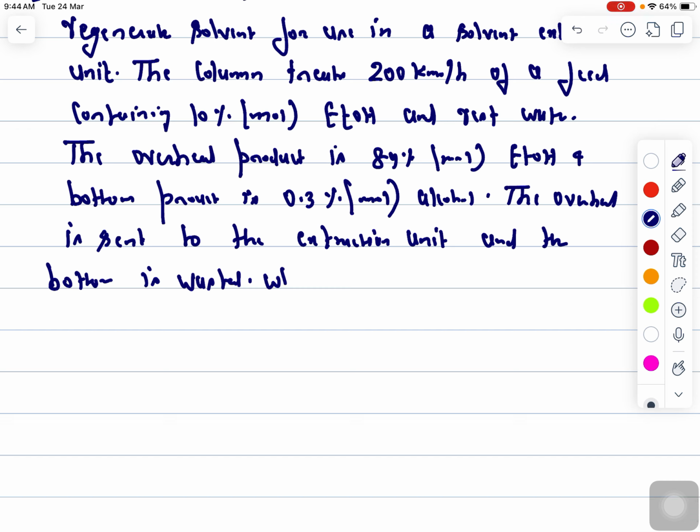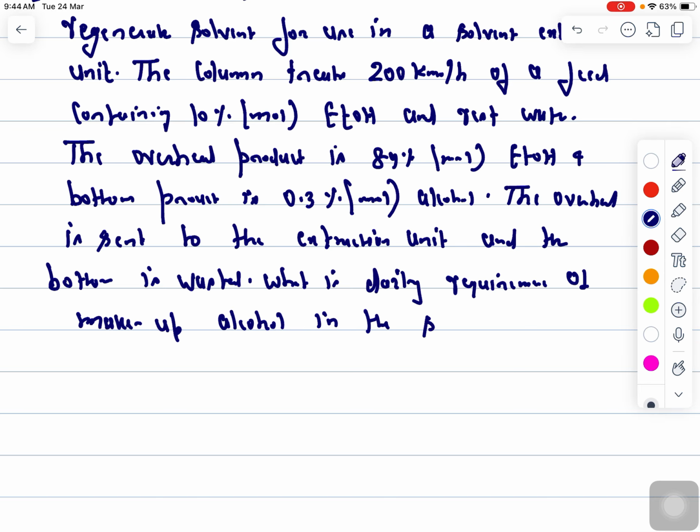And then what is the daily requirement of makeup alcohol in the solvent extraction unit, right? It's very important to understand.